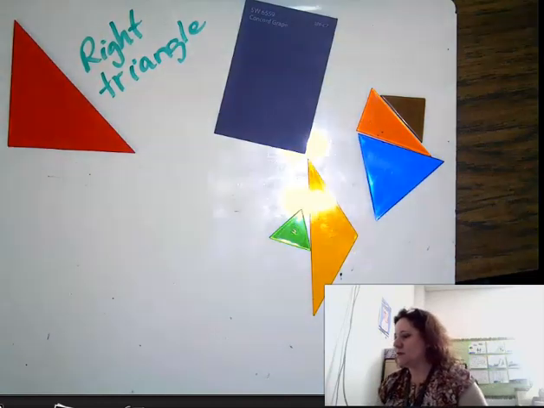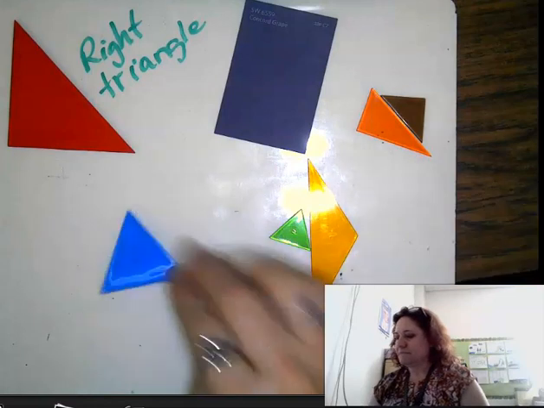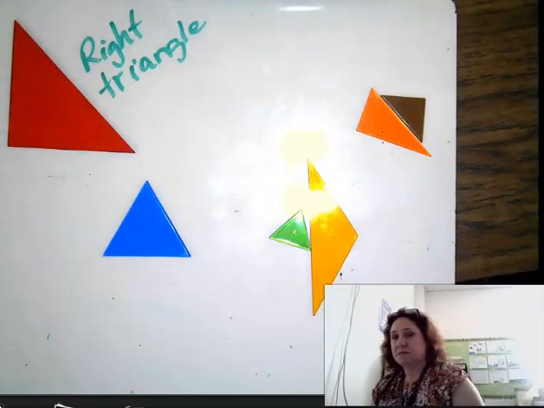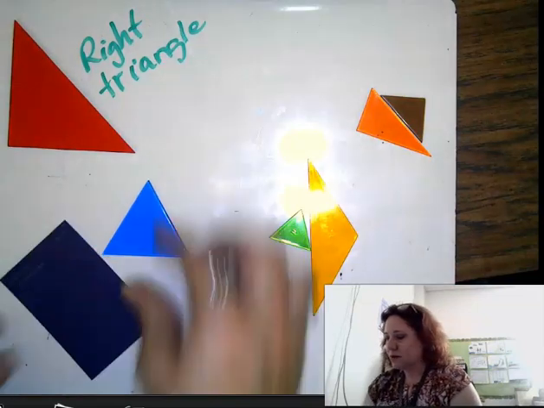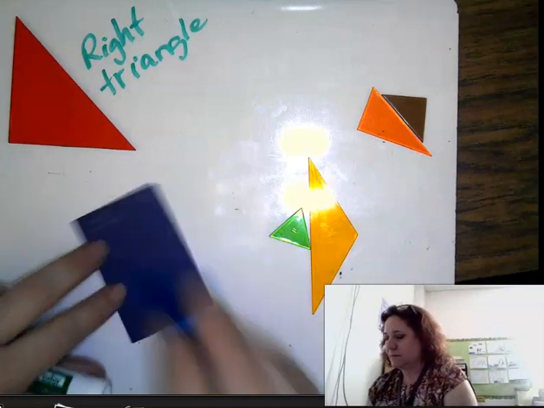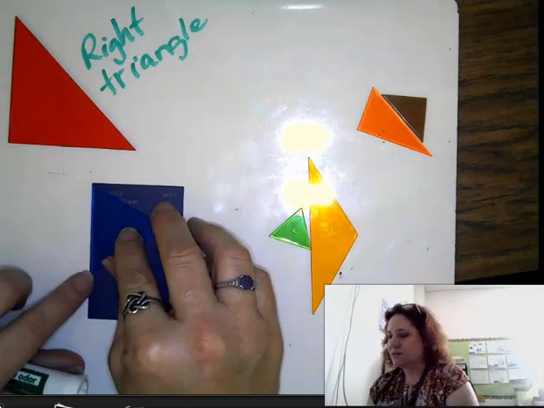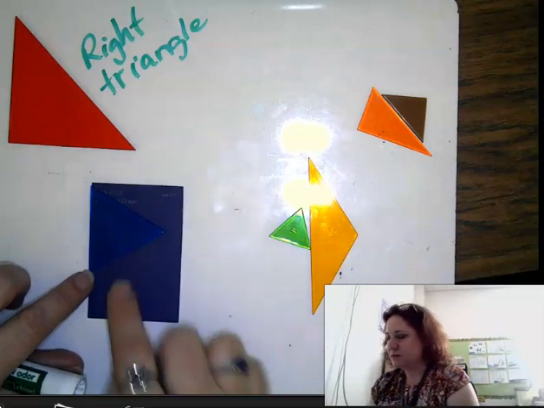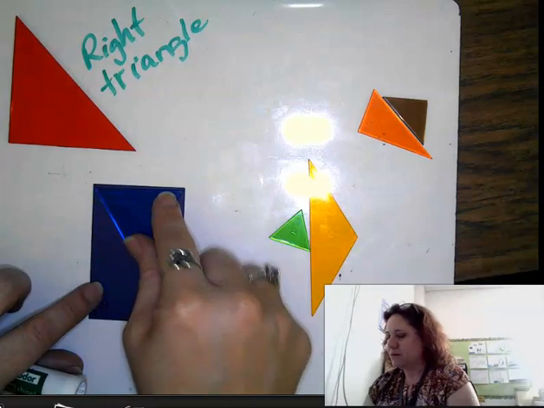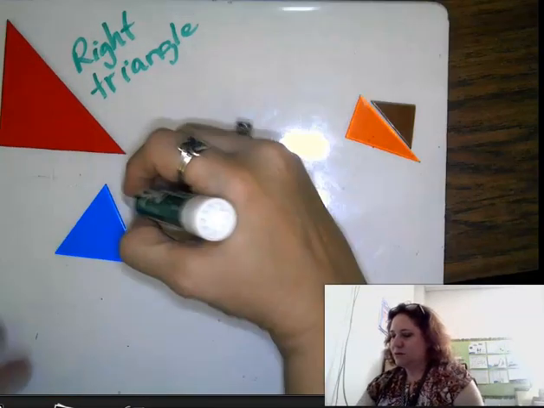Okay, let's try another one. This looks like the angles are all acute. I'm going to hold it up to the square. It's smaller than 90 degrees. They are all smaller than 90 degrees, so that means this is an acute triangle.